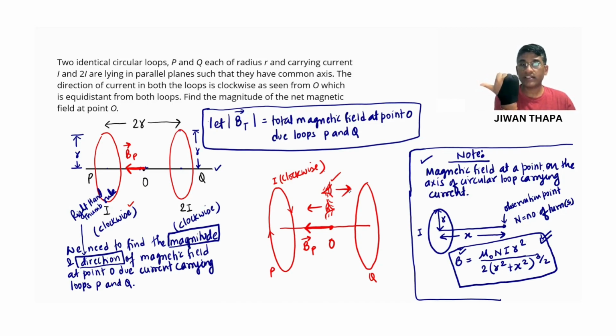So if current is flowing in clockwise direction, then from right hand thumb rule, magnetic field at point O due to current flowing in clockwise direction in coil Q is towards Q. So using right hand thumb rule, magnetic field at point O due to coil Q is directed towards Q. So we have this. So I'm erasing this.